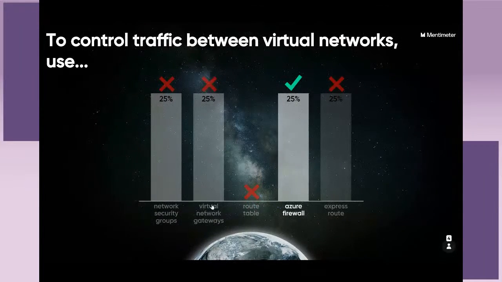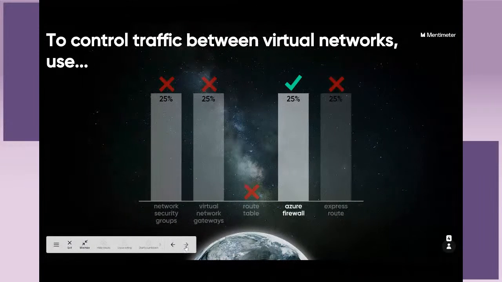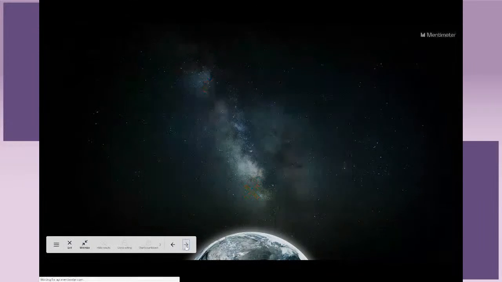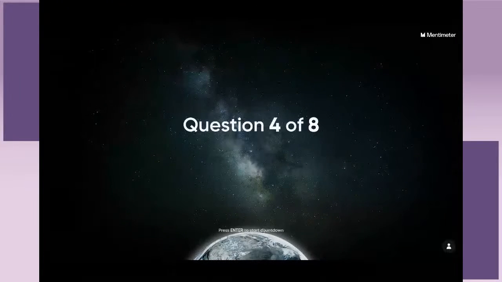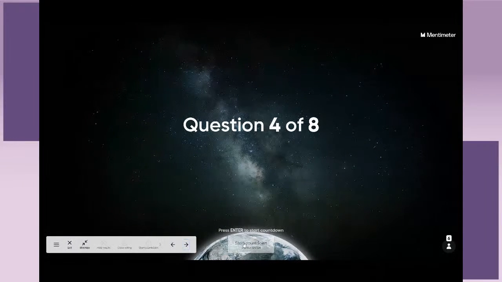We use firewall, right? Virtual network gateway is for hybrid connectivity, which we saw yesterday. For traffic control, it is firewall. I'll just come back to that towards the end.